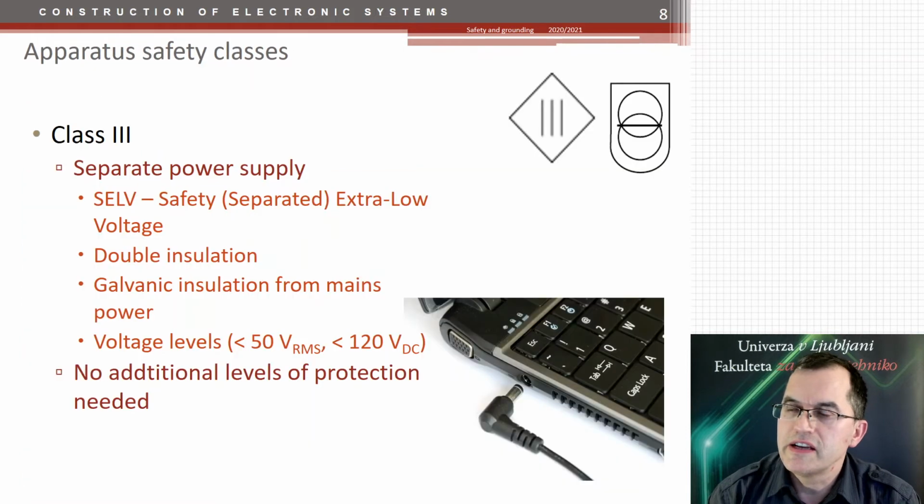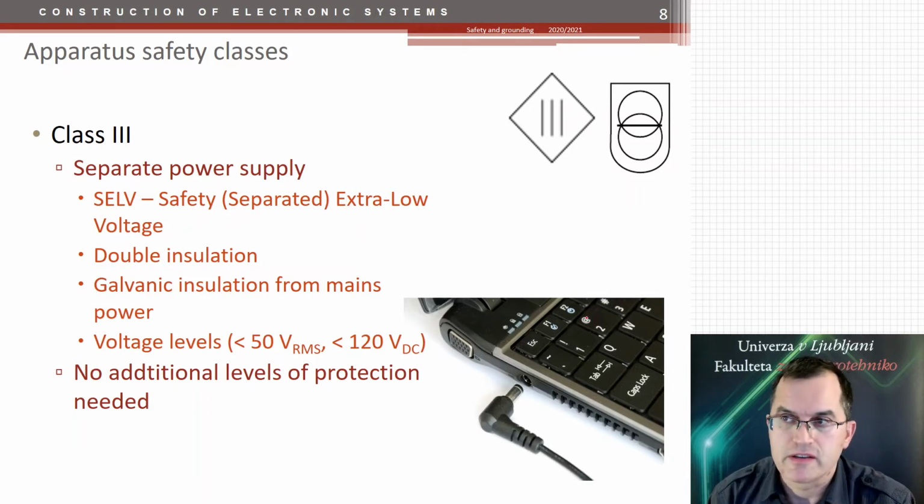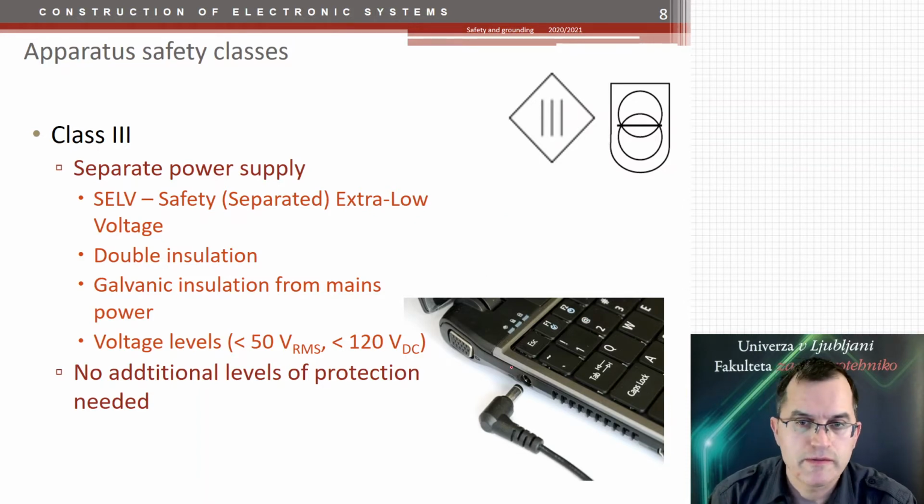Class 3 devices are devices that have a separate so-called safety extra low voltage power supply, like a laptop, for example, which is powered by low voltage that is below 50 volts AC or 75 volts DC.